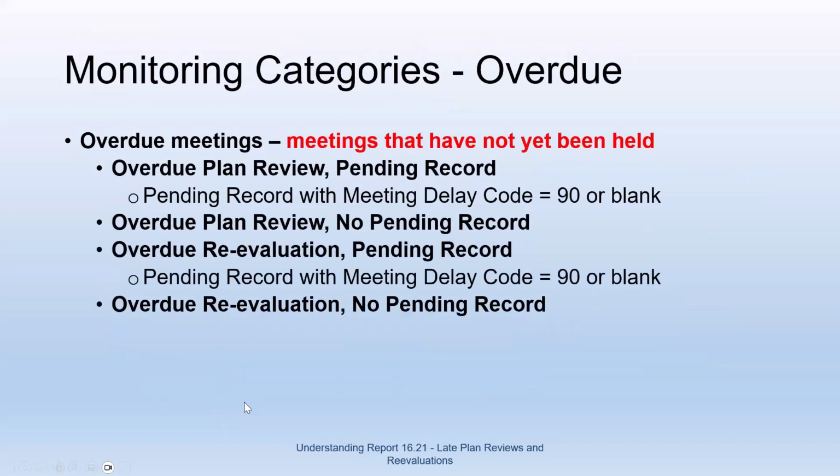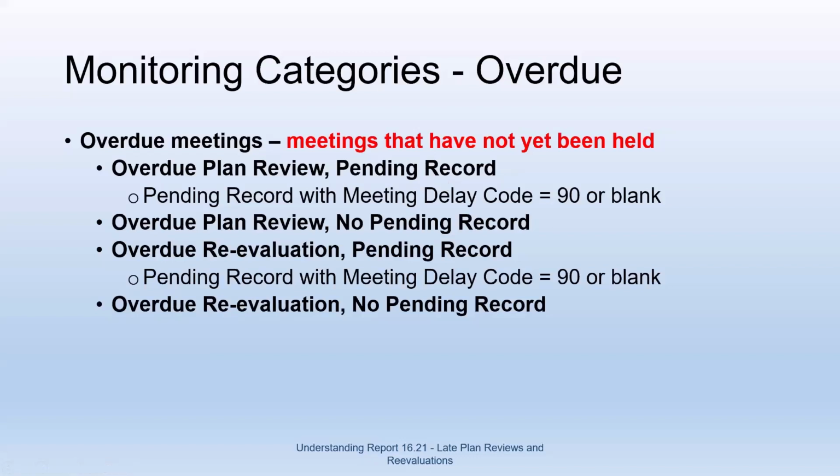All right, so these are the specific categories for overdue meetings. For overdue meetings, we're talking about meetings that have not been held yet. So for all students that land in this category, CALPADS is presuming, based on the data, that the meeting has not been held yet. So we've got overdue plan review with a pending record.